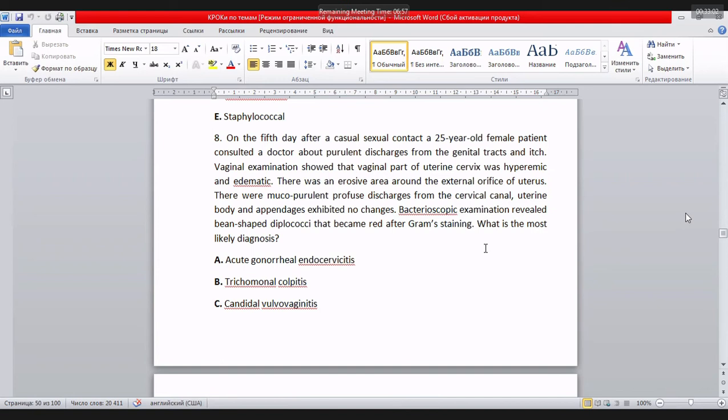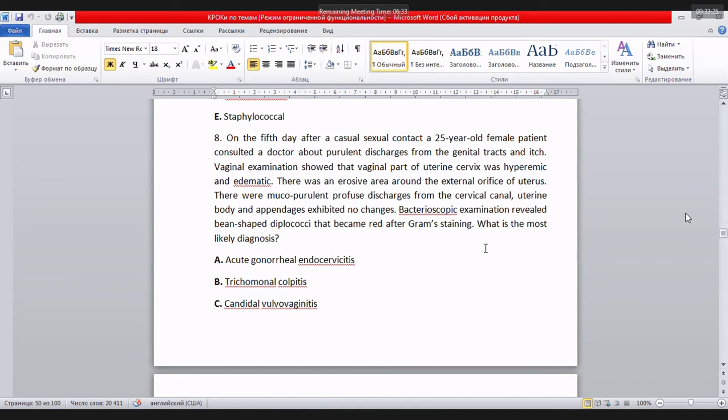There was an erosive area around the external orifice of the uterus. There were mucopurulent profuse discharges from the cervical canal. Uterine body and appendages exhibited no changes. Bacterioscopic examination revealed bean-shaped diplococci that became red after gram staining. What is the most likely diagnosis?